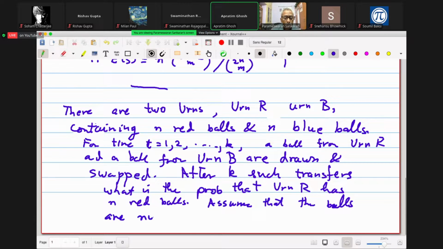Just to be sure, urn R has n red balls and urn B has n blue balls, right? Absolutely.